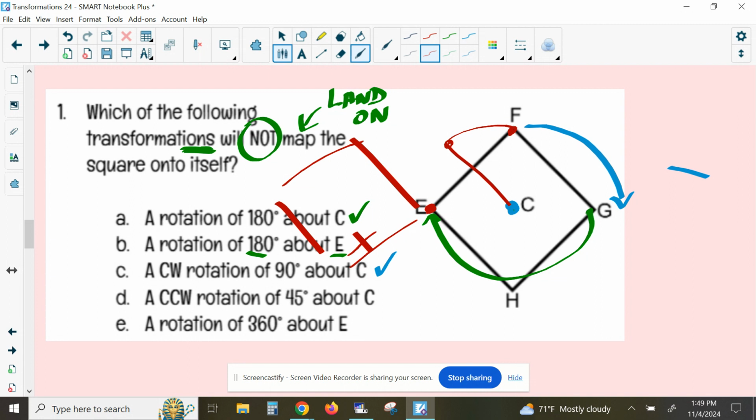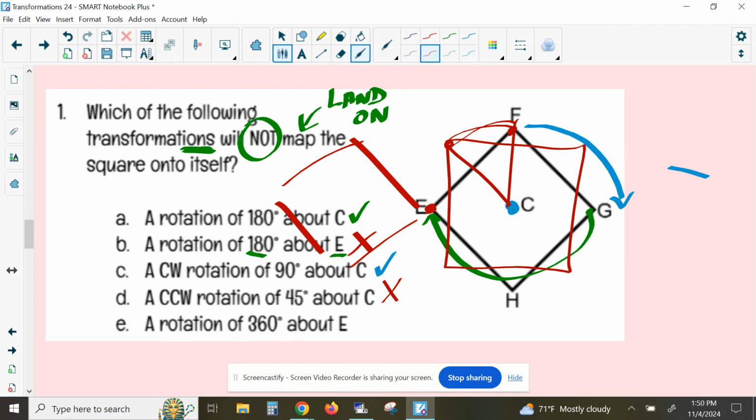Because that's 45 degrees counterclockwise. So if I took that, do you think he's going to land on himself? No, because if I went just a quarter, he's going to end up looking like that, right? So he's going to end up like this. This point is going to be right there. So this one's not going to work.